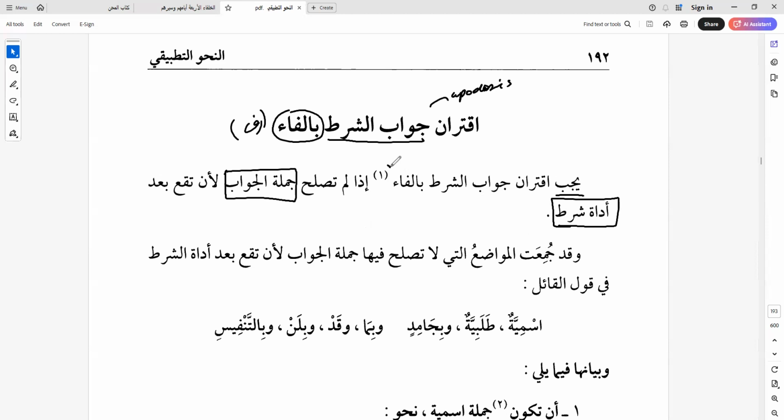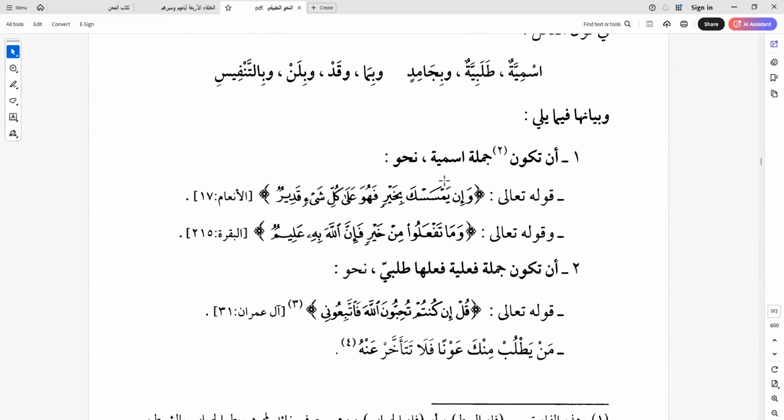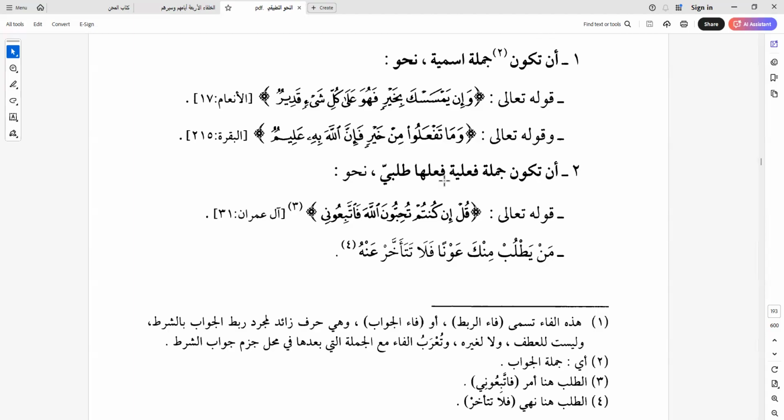Now let's look at the footnote. It's telling us what kind of fa we are dealing with here. It's not fa'u al-ataf. It's not a fa of conjunction. So what kind of fa is this? So footnote 1, he's saying that هذه الفاء تسمى فاء الربط.